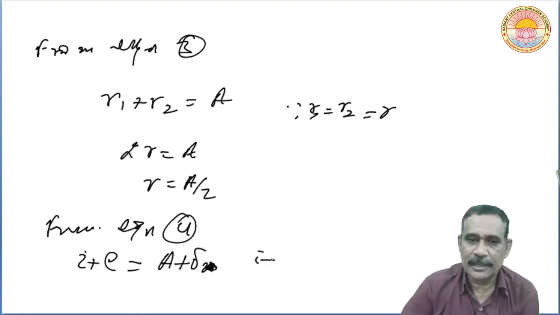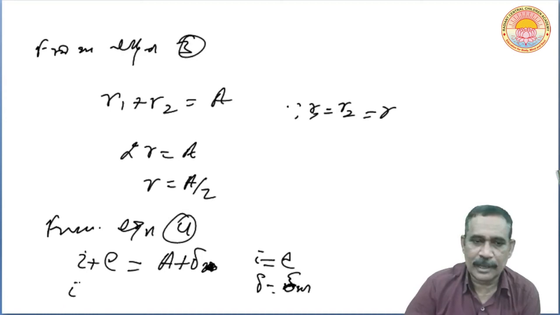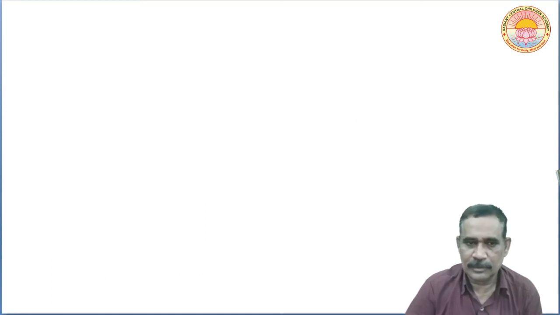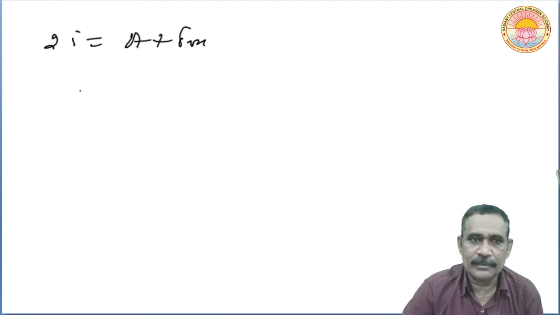Since I equals E, delta equals delta M, so I plus I equals A plus delta M. So 2I equals A plus delta M, or I equals (A plus delta M) by 2.